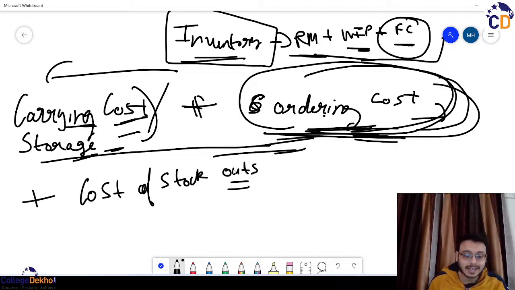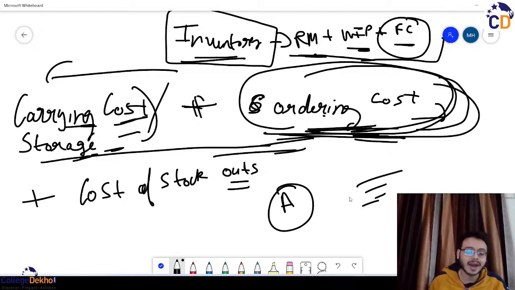So what exactly is the cost of stockout? For example, there is a shop A, okay, and if the customer goes to that shop A and demands something, and shop A says that the stock is out and we do not have inventory for that, okay. So in that case, customer B would go to some other shop, and from the other shop he might get that commodity or good.